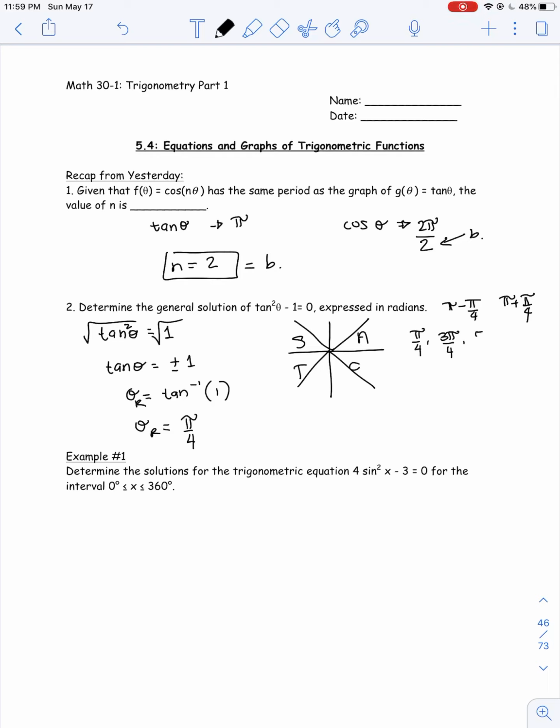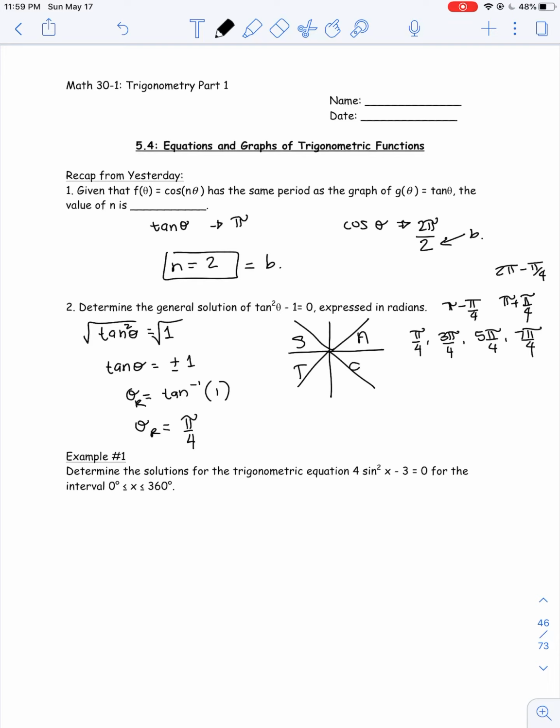So that would be 4 pi over 4 plus 1 pi over 4, which is 5 pi over 4. And lastly, if I have 2 pi and I subtract pi over 4, that's how you get the rotation angle in quadrant number 4. So that would be 8 pi over 4 minus pi over 4, which is 7 pi over 4.